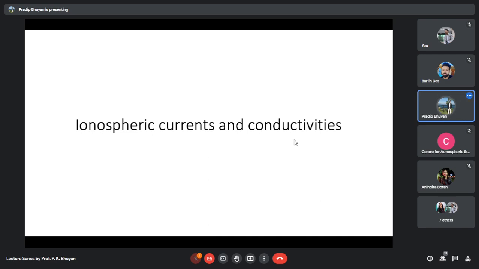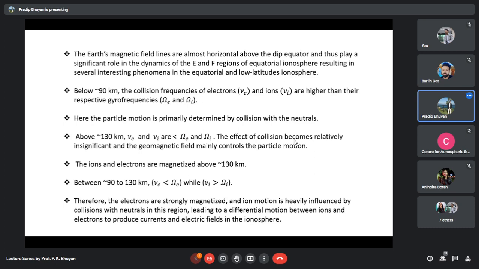The dip will be from 0 to 90 degrees. Okay, so the Earth's magnetic field is horizontal near the dip equator. What I am talking about is the dip equator, not the geographic equator.